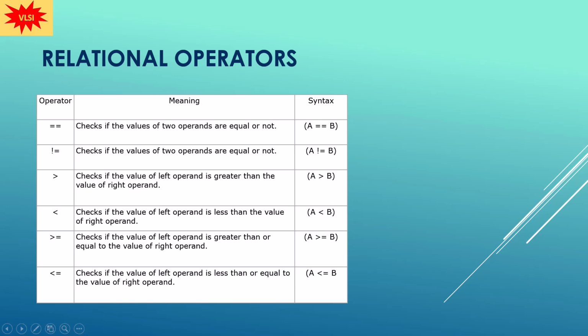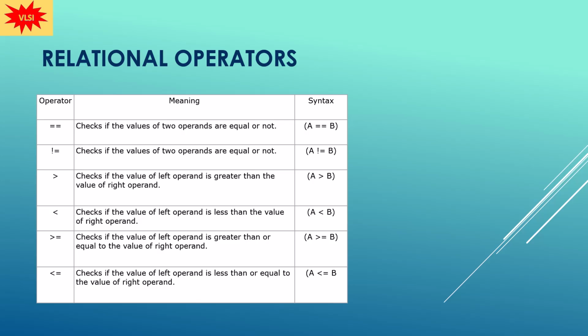So relational, basically we are comparing one variable with another. If I'm comparing A with B, that means it's a relational operator. Now comparing can be equal, not equal, greater than, lesser than, greater than or equal to, lesser than or equal to.